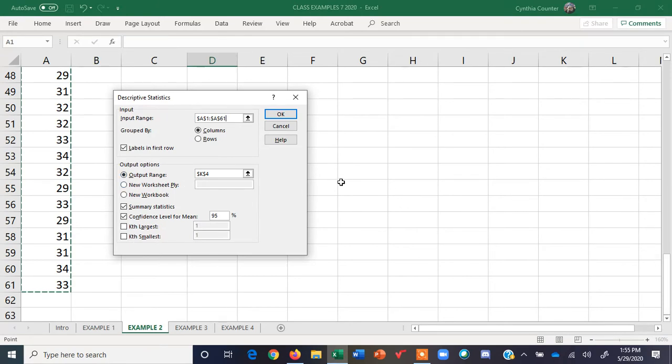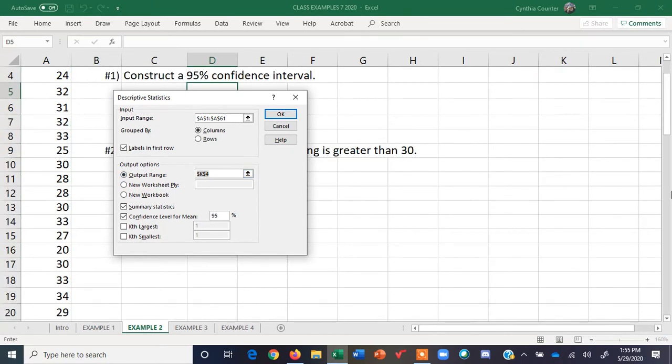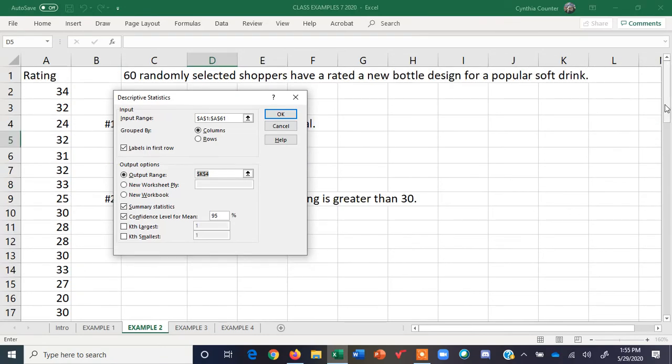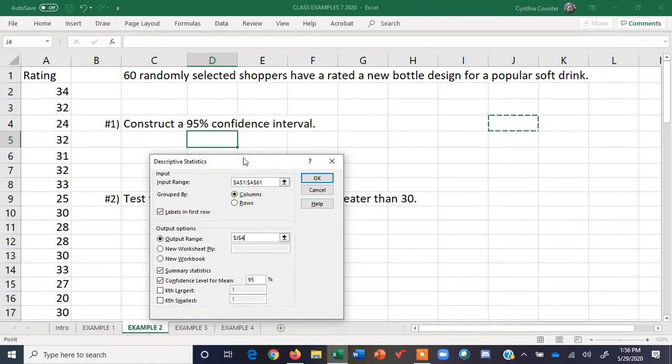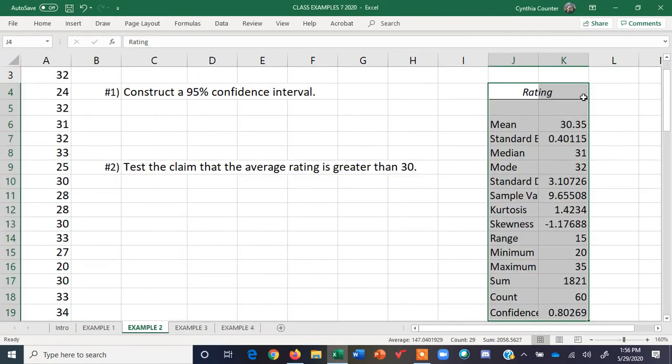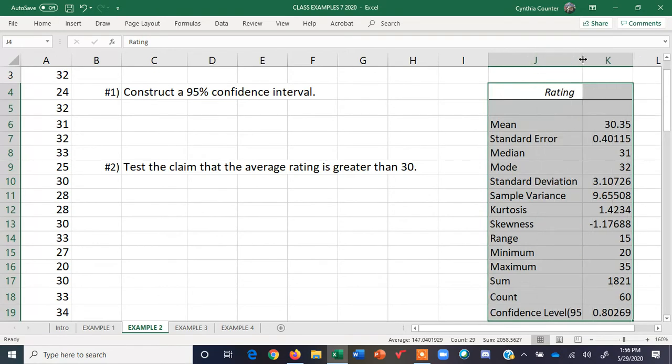My output, do I still want it in K4? Actually, I'm going to put it this time in J4. I have my summary statistics and my confidence level for mean, which gives me the margin of error checked. So we click OK.